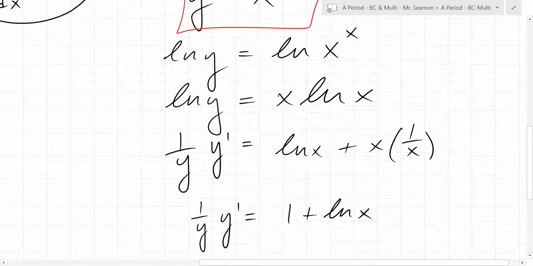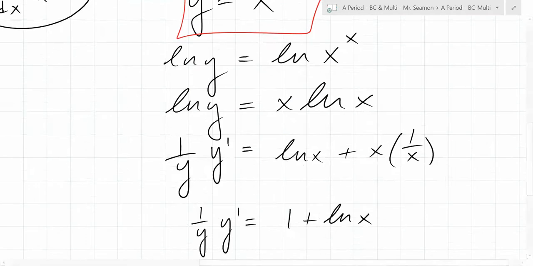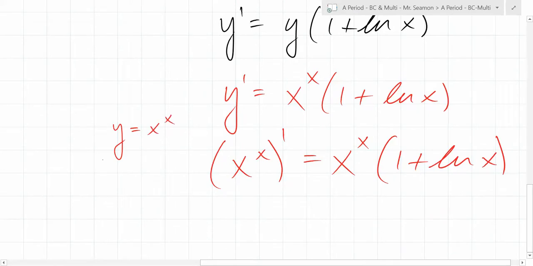Look, if y is equal to x to the x, then y prime is equal to the derivative of that, right? If a equals b, the derivative of a equals the derivative of b. So we took the natural log, we took the derivative, it allows us to isolate y prime, and because we know that y is equal to x to the x, y prime is equal to the derivative of x to the x. So you end up with this happy thing right here: the derivative of x to the x is x to the x times 1 plus ln x.